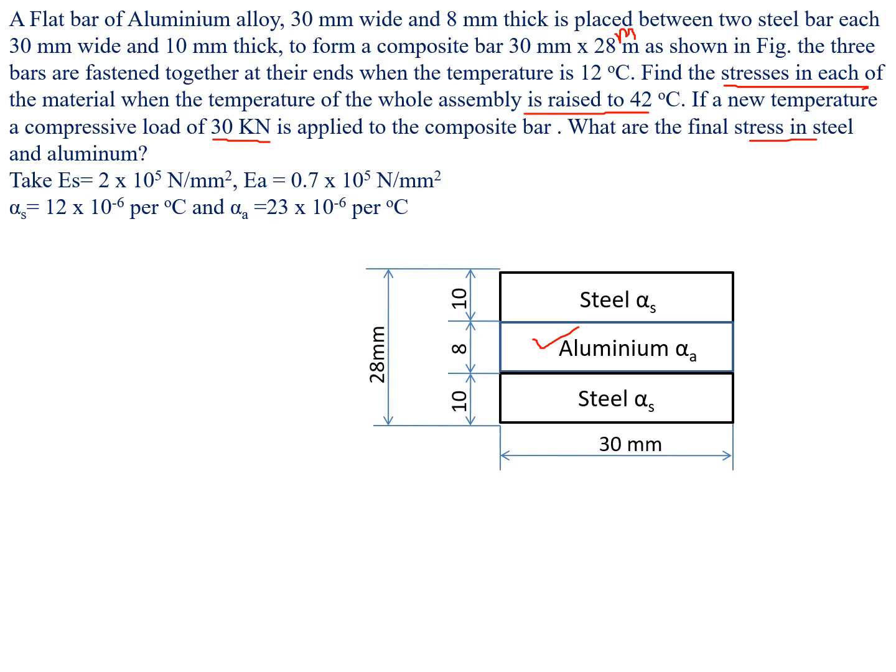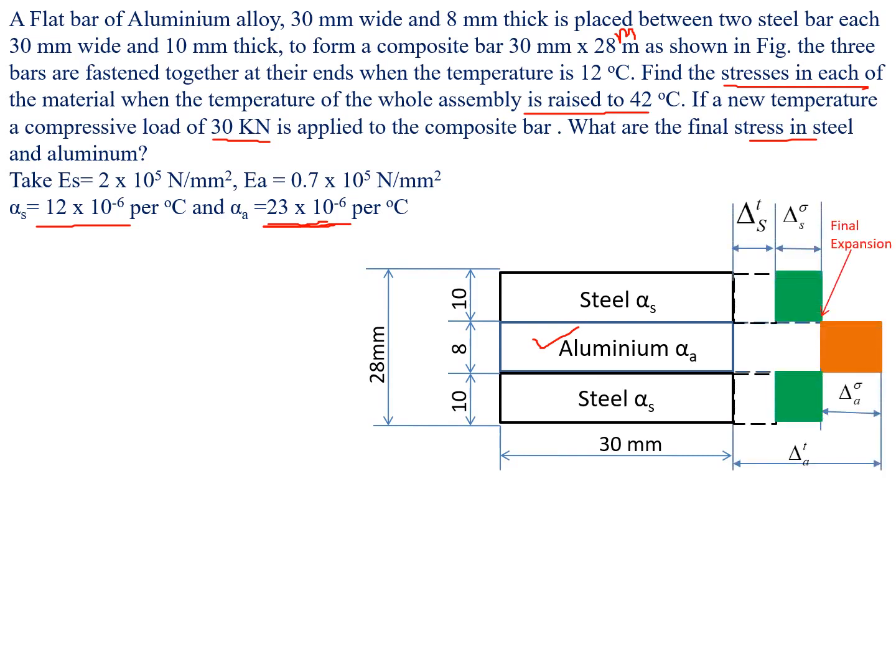Here one more thing we have to observe: the alpha value of the aluminum, which is 23 into 10 to the power minus 6 per degree centigrade, is greater than alpha S, which is 12 into 10 to the power minus 6 per degree centigrade. So the thermal expansion of the aluminum is greater than the thermal expansion of the steel.